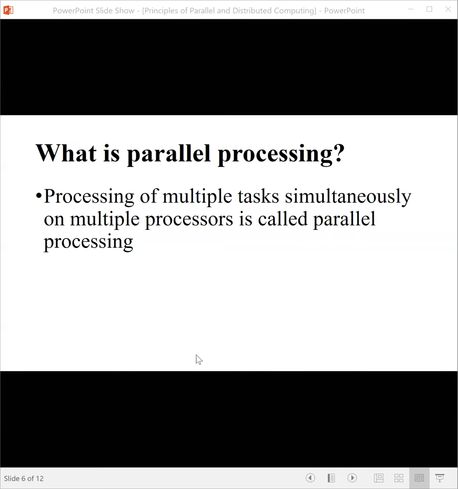So parallel processing is nothing but the process in which multiple tasks are simultaneously assigned to multiple processors. That is called parallel processing. The parallel program consists of multiple active processes, like tasks, simultaneously solving the given problem. The given task or problem will be divided into multiple subtasks using the divide and conquer technique, and each subtask will be processed on a different processor or CPU.